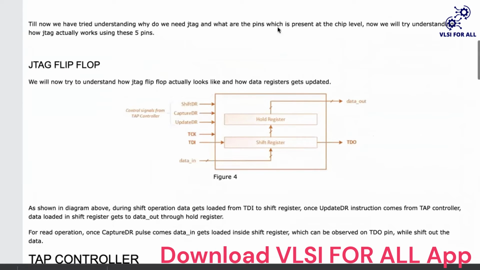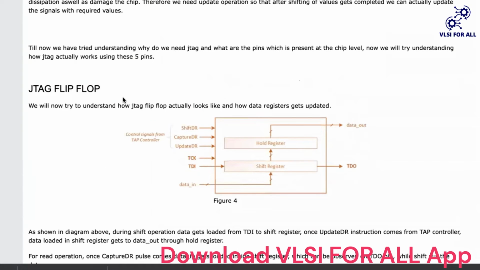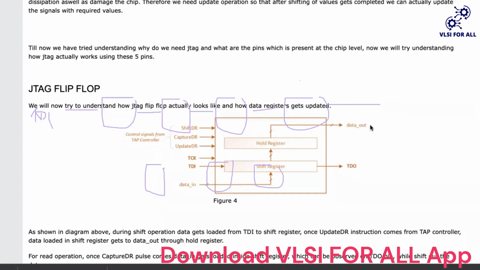Okay. So the simple thing is there is one shift register, and there's one hold register corresponding to it. This shift register is what we talked about till now, connected to TDI and connected to TDO. Another thing is what goes to your module, which I talked about.